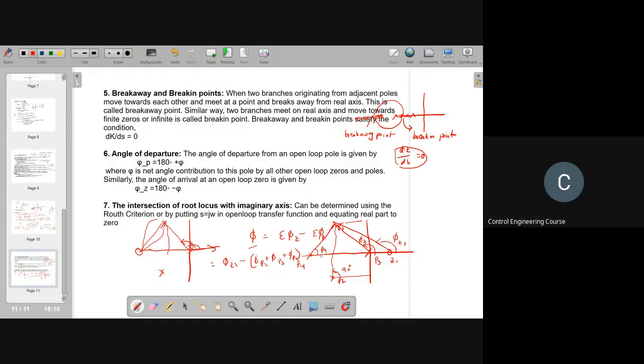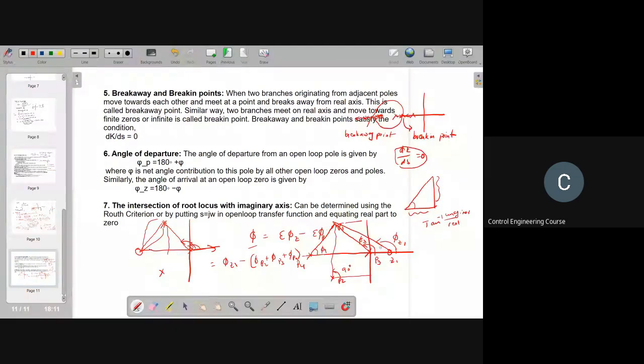How do you calculate the angle? Suppose you are given any plot like this, how do you calculate the angle? Using trigonometry. You calculate this distance and this distance, then tan inverse of the imaginary part by the real part, opposite by adjacent.